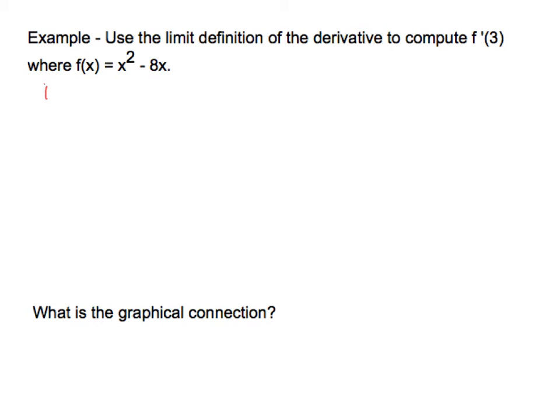So for this one, we're going to use the first limit definition. So f prime of 3. Everywhere there was an x, we're replacing it with 3. The h's will stay for now.